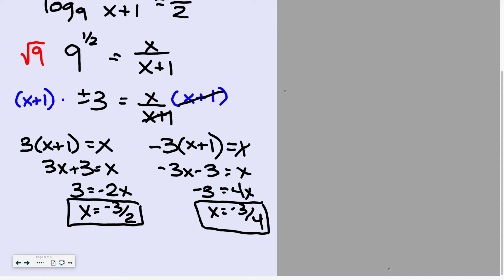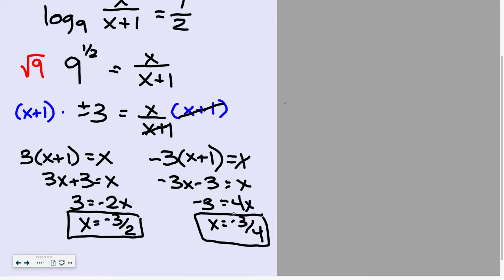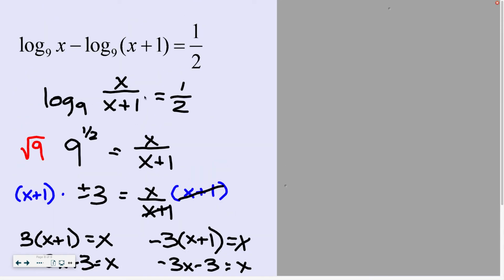Because that's a log equation, I should check my answer, right, for extraneous solutions. So we've got negative 3 halves and negative 3/4, and when I look back up at the original problem, the first log is trouble for both, right? Can I do log base 9 of a negative number?